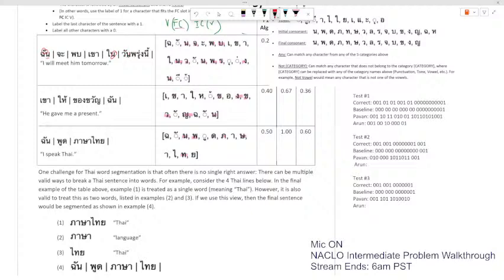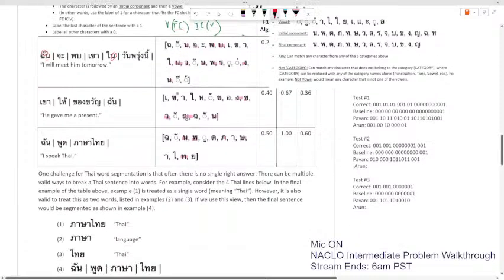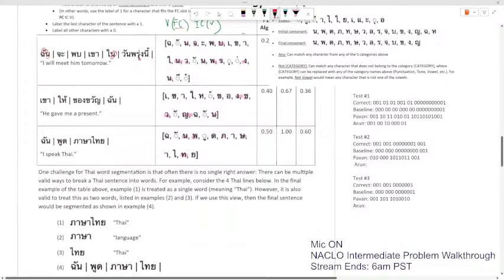This is a final consonant followed by a vowel, initial consonant, then another consonant. Okay, phew. So that's all zeros so far. This is a final consonant as well. What's a vowel? That's a tone, not a vowel. Okay. So this won't work.